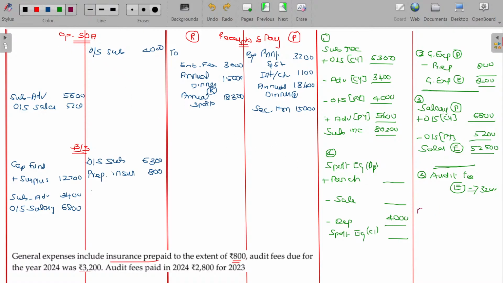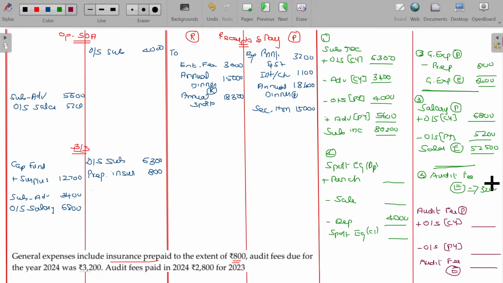Audit fee payment, add outstanding of the current year, less outstanding for the previous year. The final value is nothing but audit fee expenses.